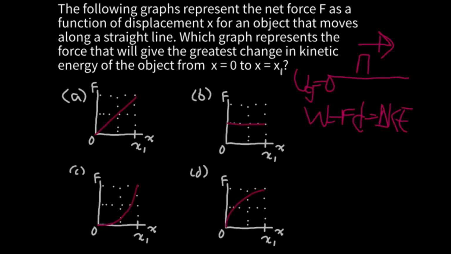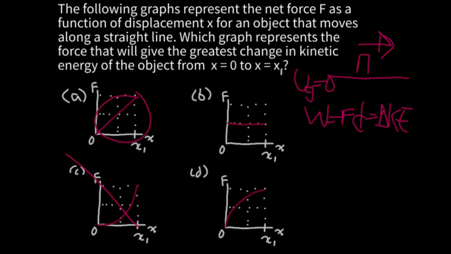So we want the largest possible product of force times displacement, which would be the largest area under these various curves. So clearly our smallest area will be C. It's not even one full square. Next we can look between A, B, and D, and if you notice, this here is a triangle.